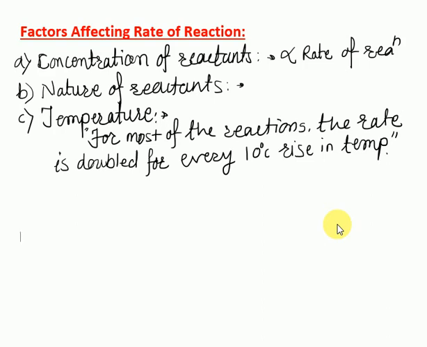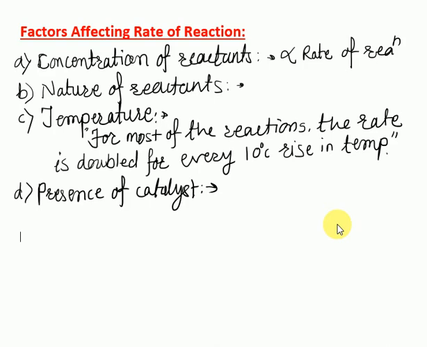Then the fourth is the presence of catalyst. The rate of reaction is highly governed by the presence of catalyst. A catalyst is a substance which alters the reaction rate but itself remains unchanged in amount and chemical composition at the end of the reaction.